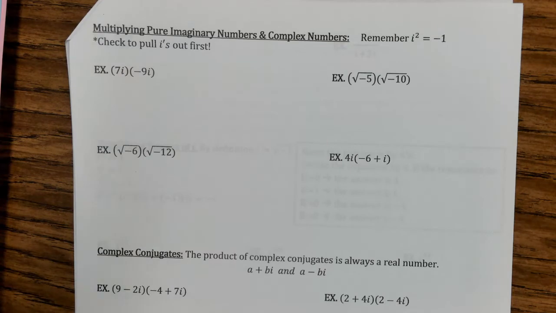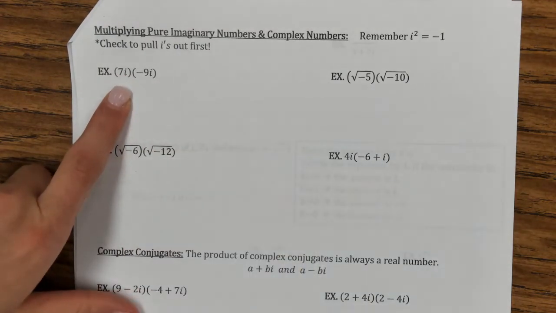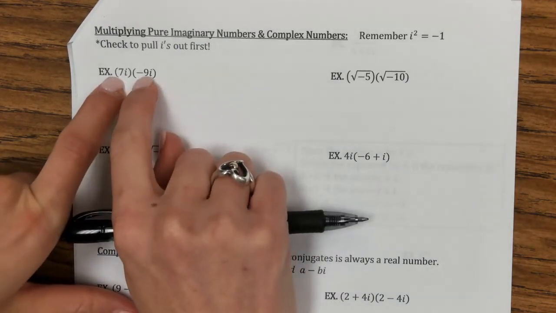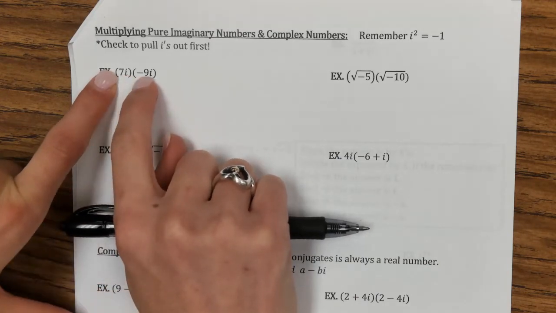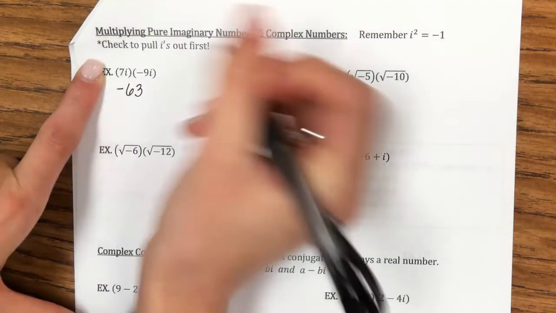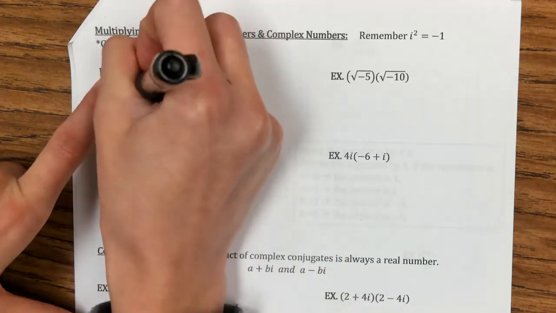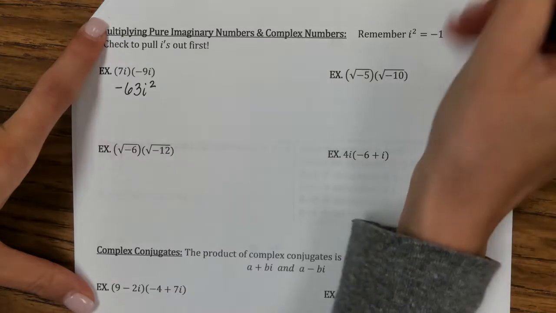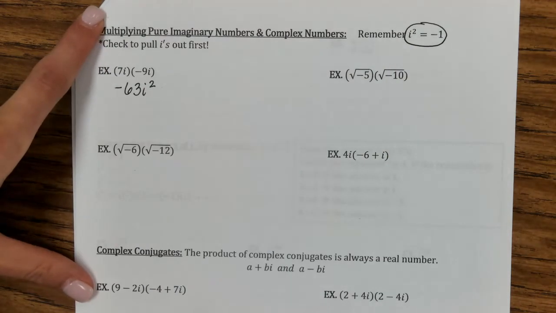Okay, when you are multiplying, you're going to multiply. Later on, we're going to distribute. You're going to have your 7 times your negative 9, which gives you negative 63. And i times i gives me i squared. Now on that first page, we said i squared is equal to negative 1.